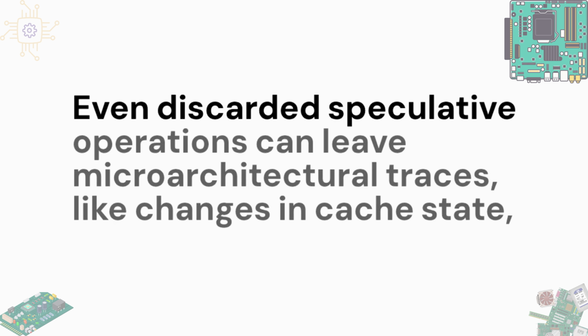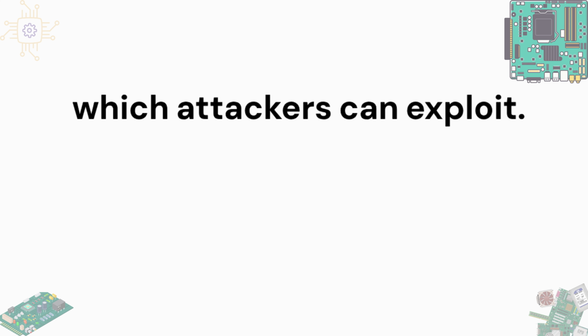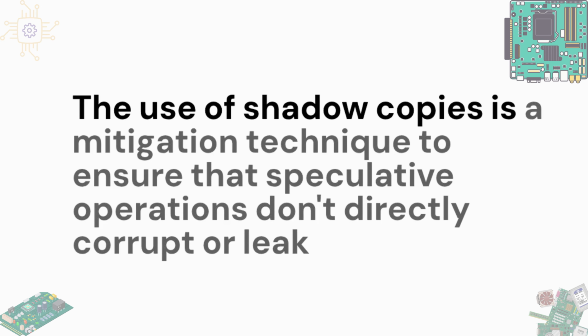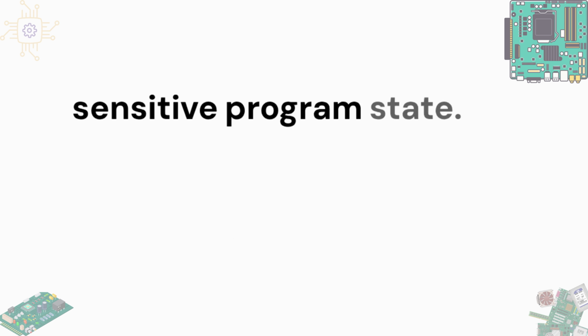Even discarded speculative operations can leave microarchitectural traces, like changes in cache state, which attackers can exploit. The use of shadow copies is a mitigation technique to ensure that speculative operations don't directly corrupt or leak sensitive program state.